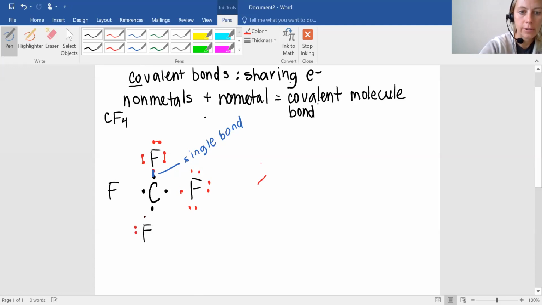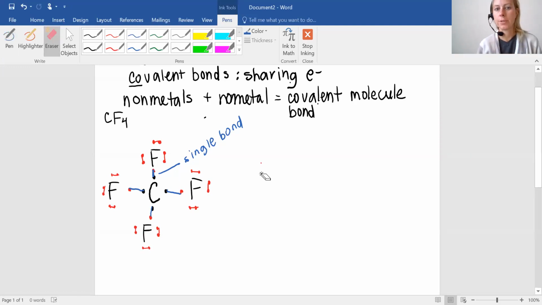So again, I'll go around, place the 7 electrons around each of the fluorine. And then I'll make sure I make it less messy. And then I'll make my bond between carbon and fluorine. And it looks like this. So that's what we learned Monday and Tuesday.